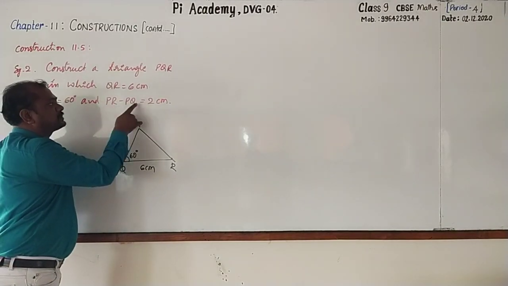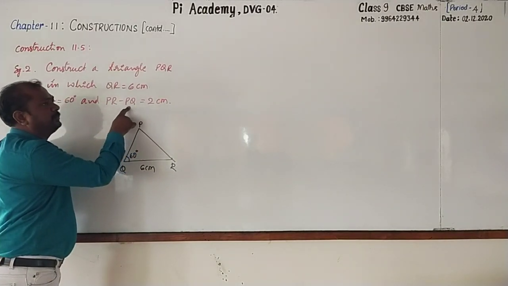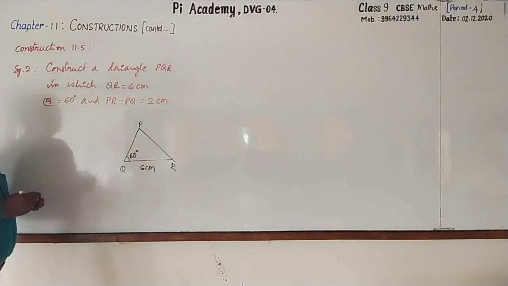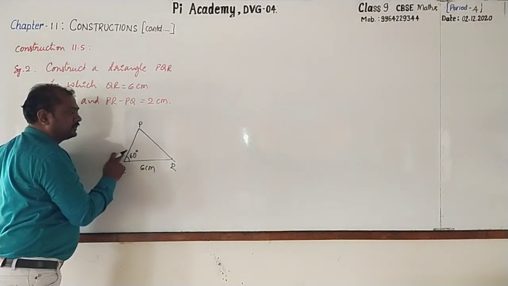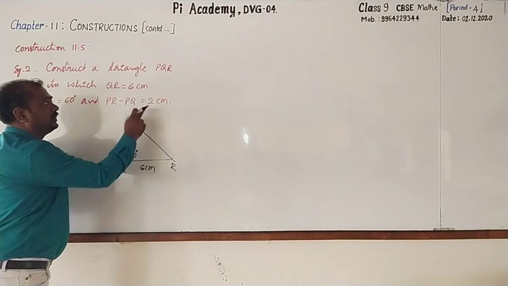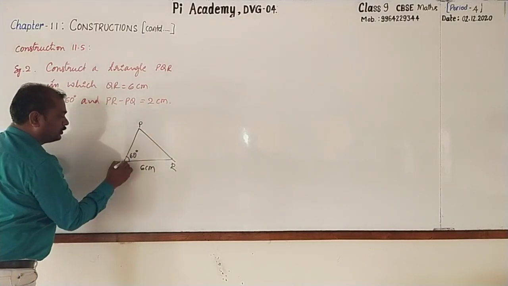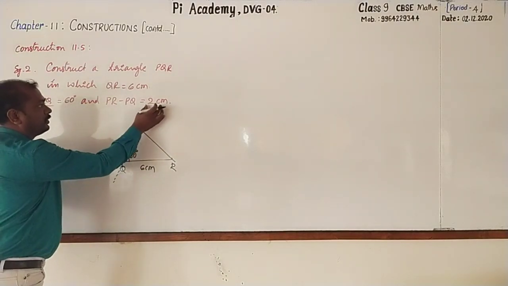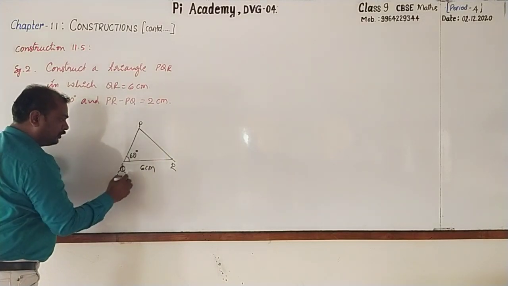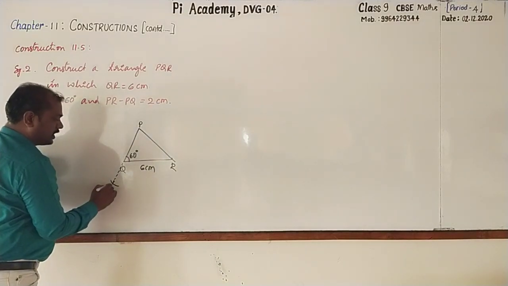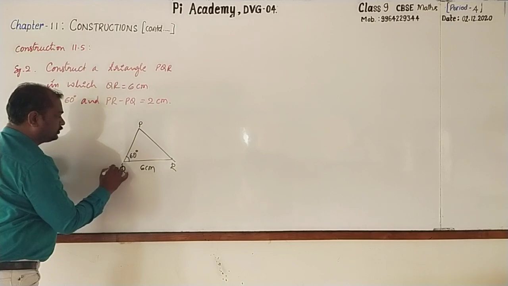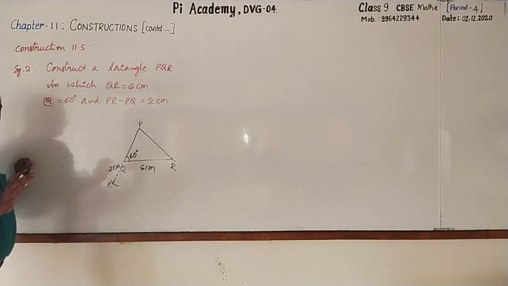Here PR minus PQ is 2 cm. Whether PQ is smaller or greater, it is smaller than the opposite side, right? That is why we have to construct this difference below the base. I call this point as P. It is 2 cm. Got it?